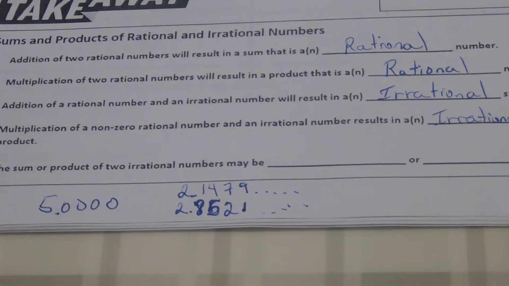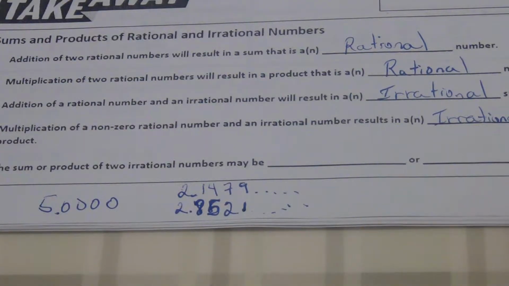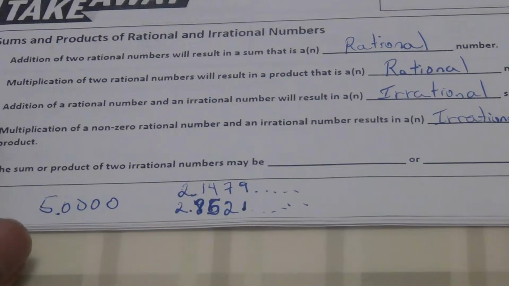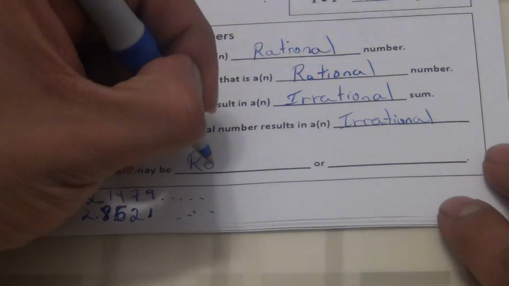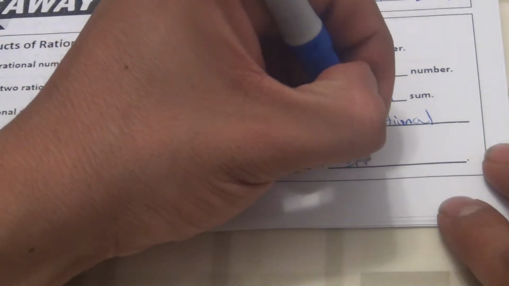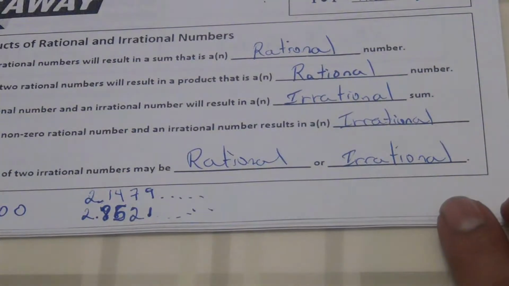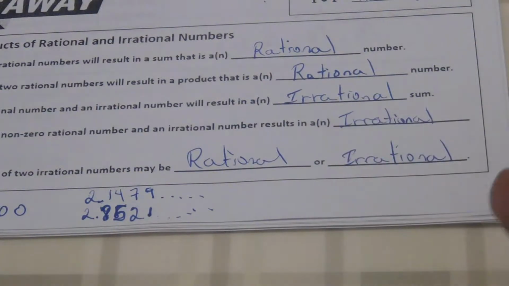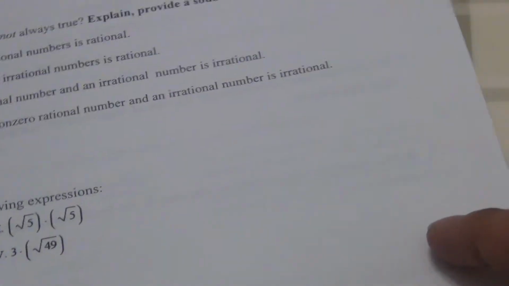So yes, I never thought about this, but the sum of two irrational numbers might be rational or irrational, just like the multiplication. So then we're gonna write rational or irrational. Good, I caught you. Always catching you.